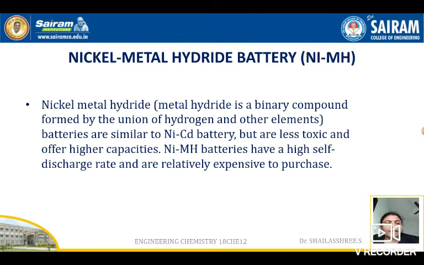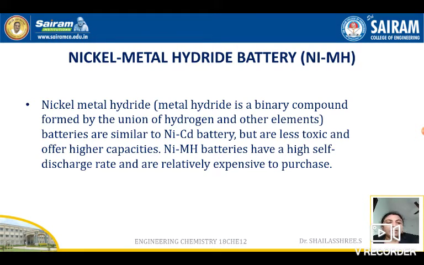You know what a metal hydride is? Any metal, when it is reacted with acids, usually liberates a metal hydride: lithium hydride, magnesium hydride, calcium hydride, etc. So a metal hydride is a binary compound formed by the union of hydrogen and other elements.